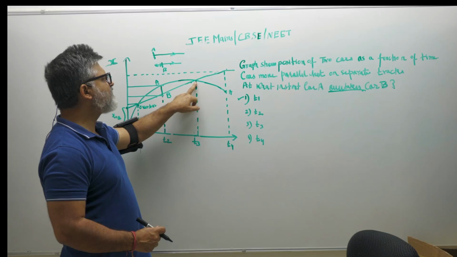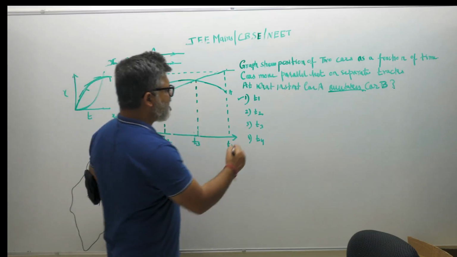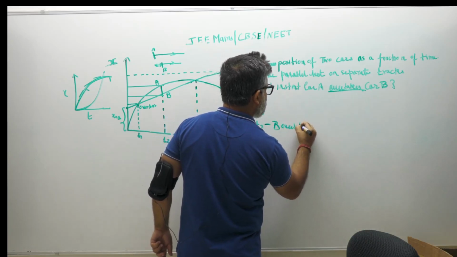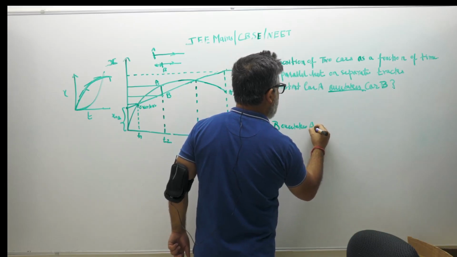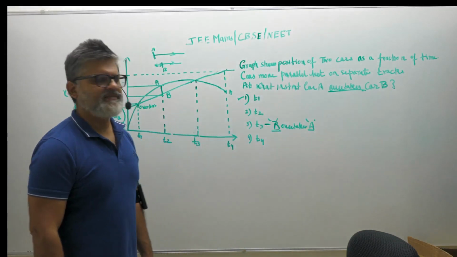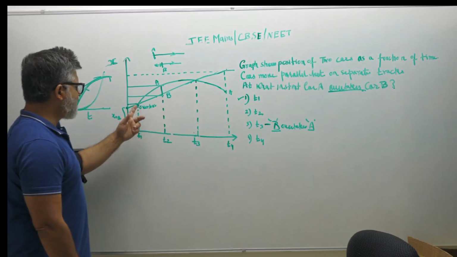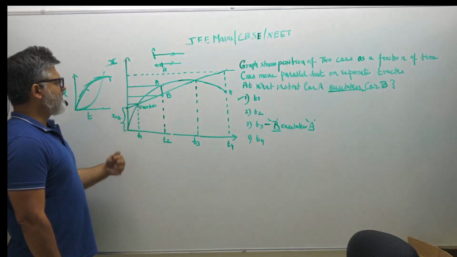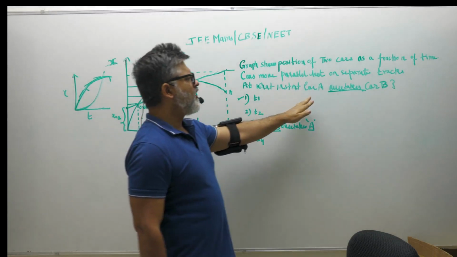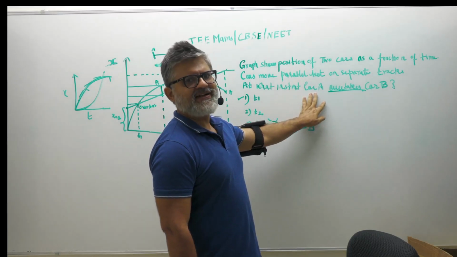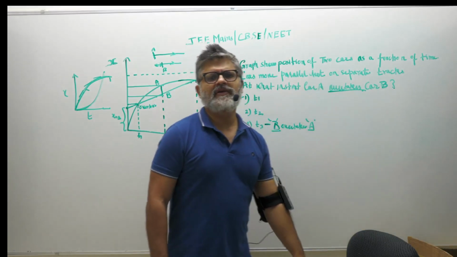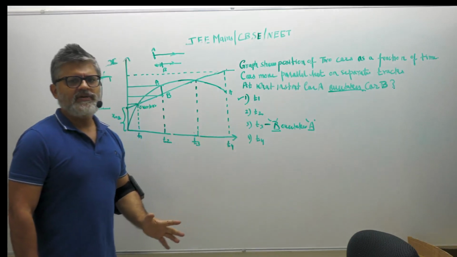The significance of T3 is that at T3, B overtakes A. In our question, the question was: at which instant does car A overtake car B? Our answer is T1.